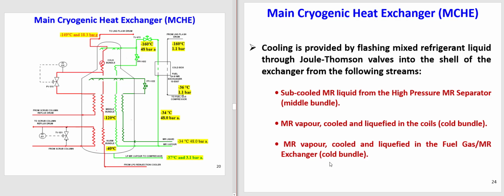So we already talked about this part in, I think, unit 6. Unit 6, that was the nitrogen rejection unit. In the nitrogen rejection unit, we have a Joule-Thomson valve, and after the valve we send the gas to the flash drum. In the flash drum, the temperature is reduced to something like minus 40.